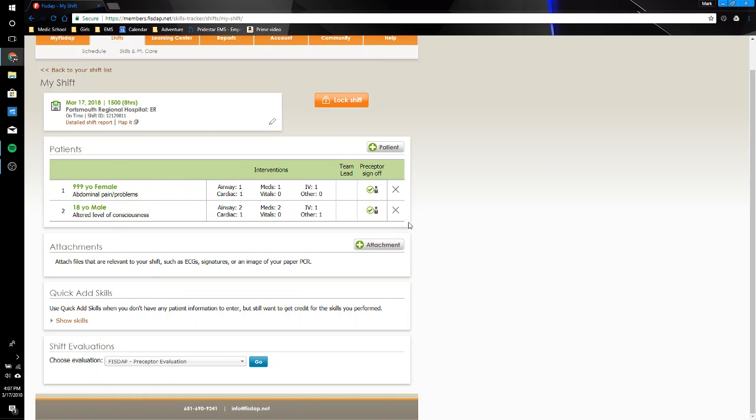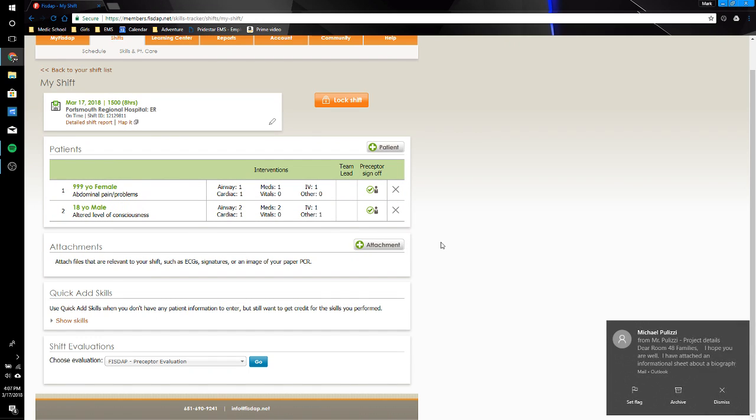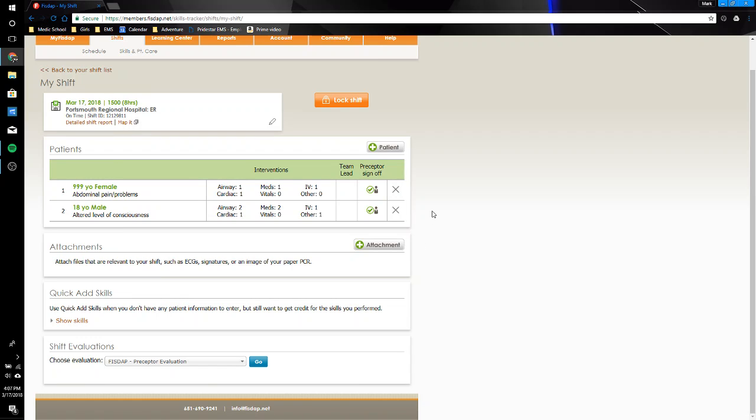Okay, we have all of our different individual skills and assessments here. Attachments: if you took a picture of a 12 lead or something like that, you could go ahead and plug it in there. Whatever. Okay. But really that's it. And then you go to lock shift.